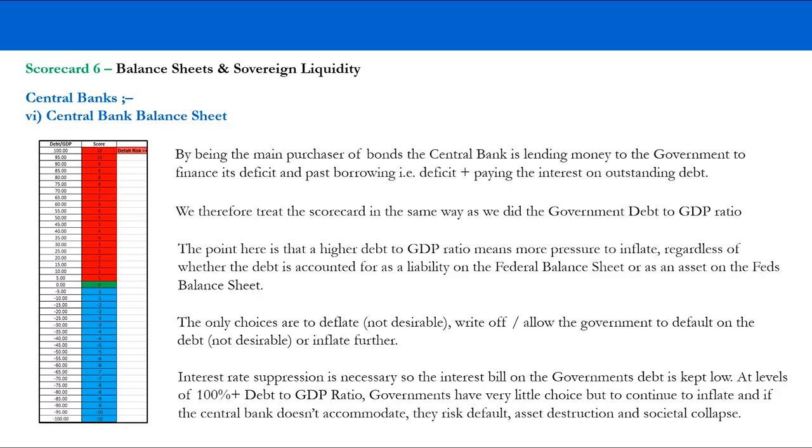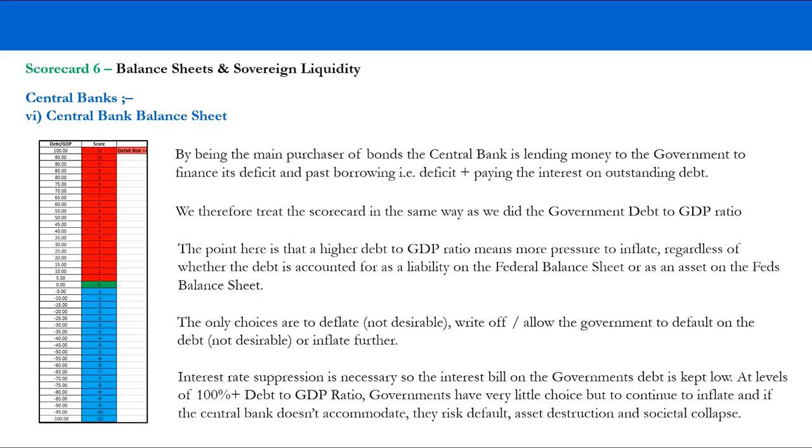It doesn't matter what they call it. Like when we looked at government debt earlier, the only choices are to deflate, not desirable, or write off or allow the government to default on debt, which is obviously not desirable, or inflate further.